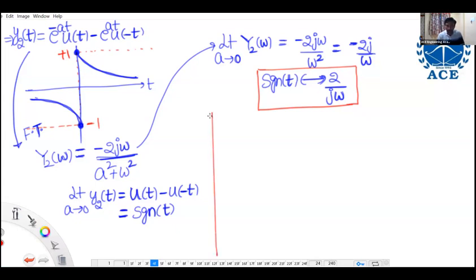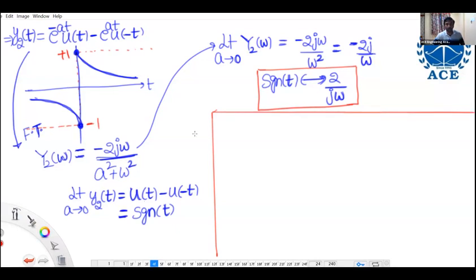So the signum function has Fourier transform 2 by j omega. So we converted the curvature to constant amplitude of plus or minus 1, meaning the signum function, by doing approximation.